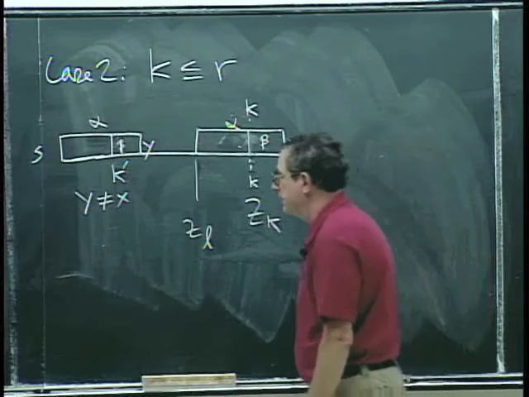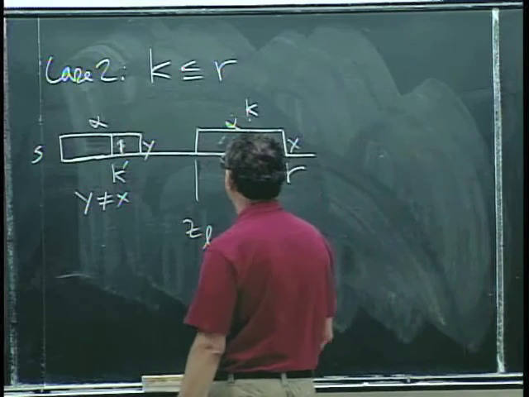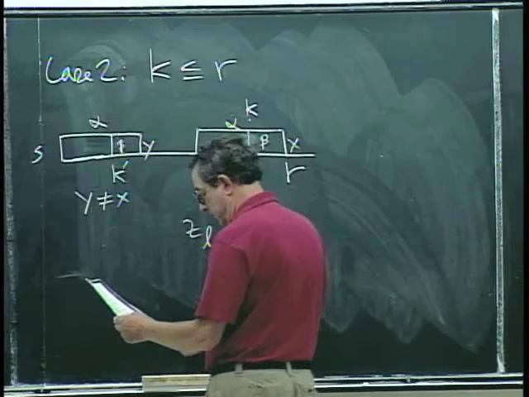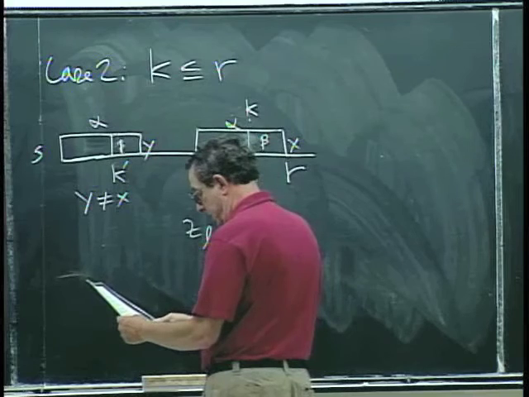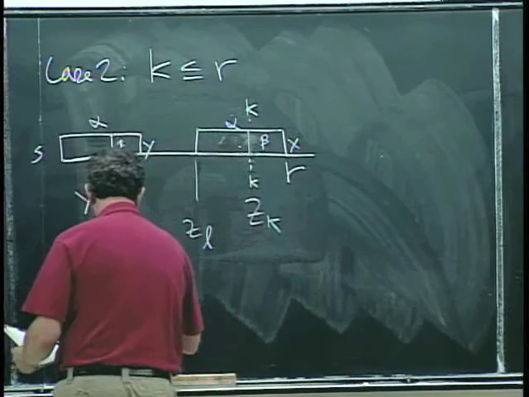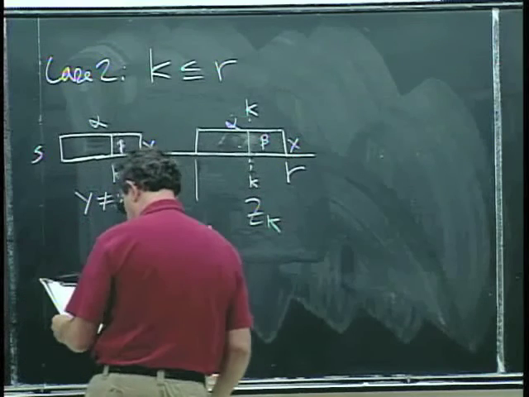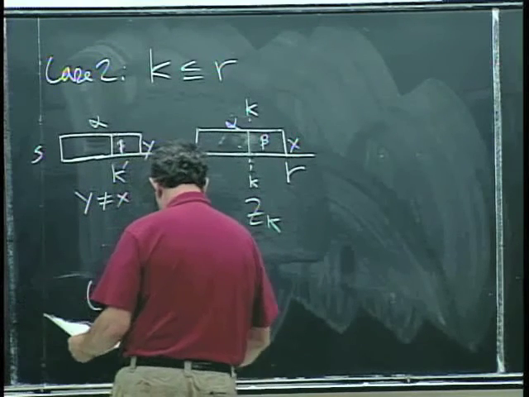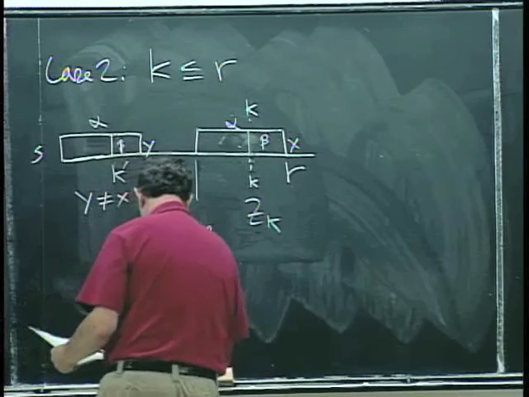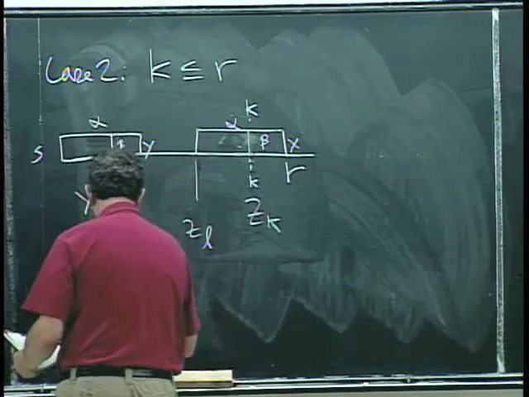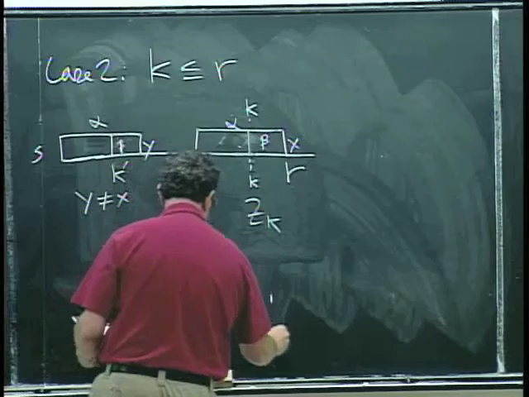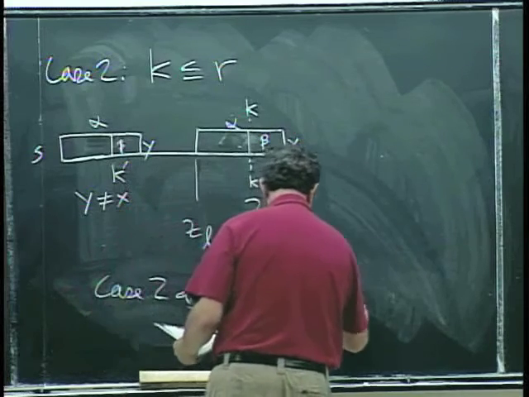All right, so in case 2, let me just go to a subcase. Case 2a, ZK prime is less than the length of beta.